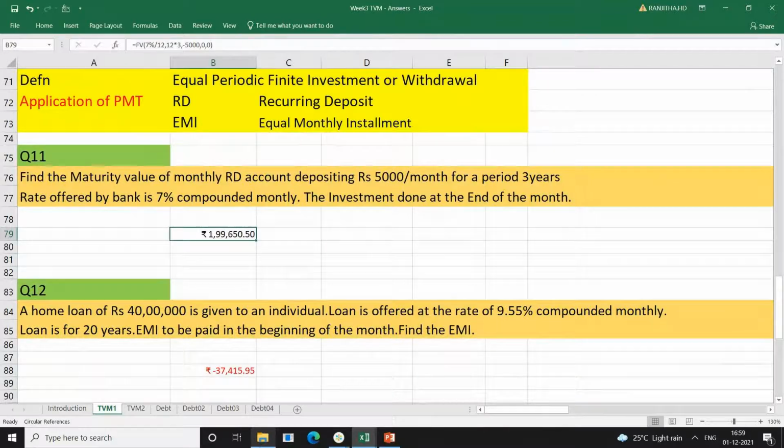To find out the maturity value of the RD account, 11th question. Here we are finding out the monthly, so compounded monthly, we need to give 12.